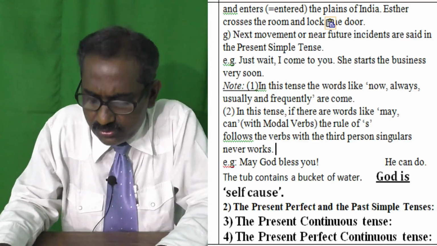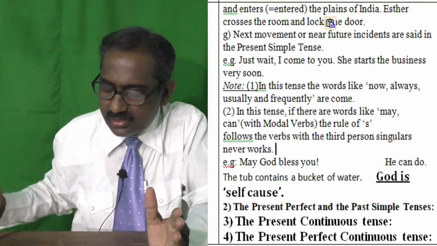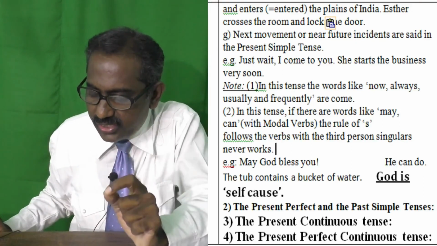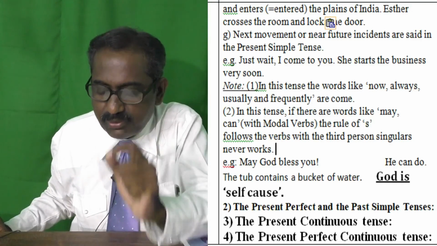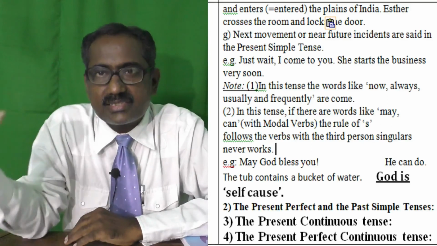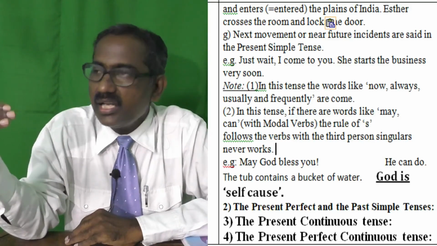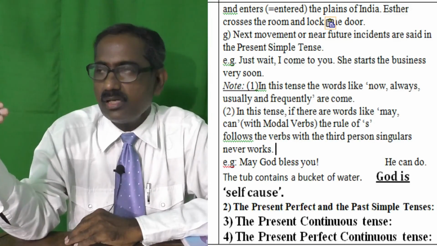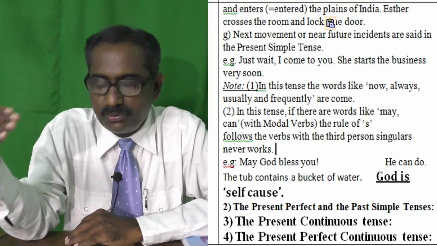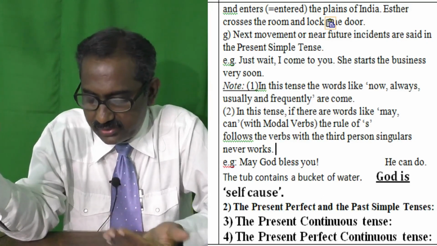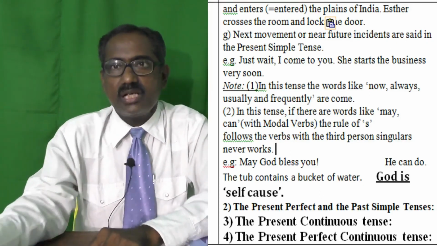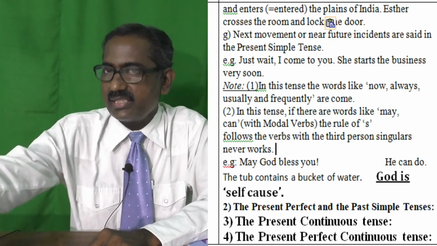Last rule, the 7th rule. Next-moment or near future incidents are said in the present simple tense. Simply we can say, "Just wait, I come to you now." That means it takes place within a few seconds or minutes.